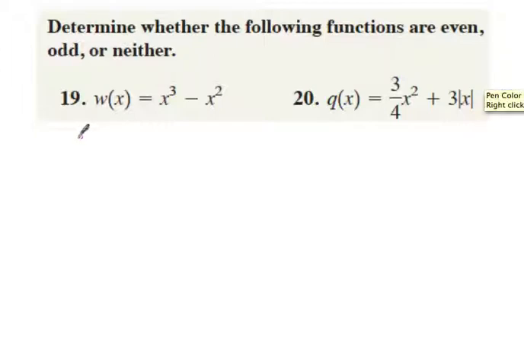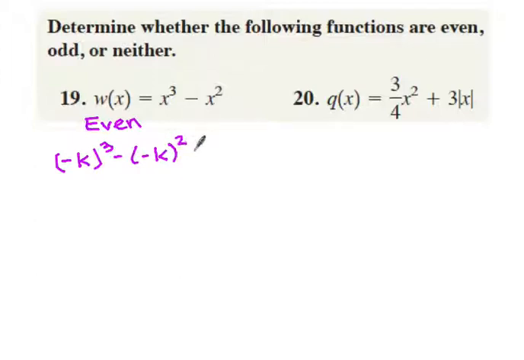All right, so if I want to check to see if it's even, I'm going to see, does every negative x have the same output as every positive x? So we're going to plug in, is negative k cubed minus negative k squared the same as positive k cubed minus positive k squared?